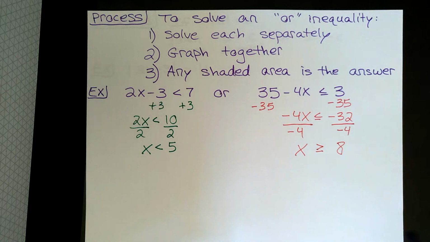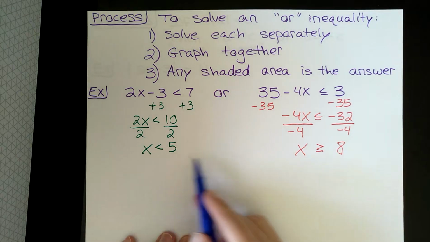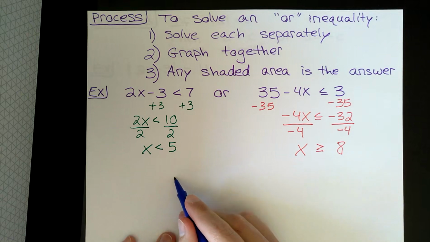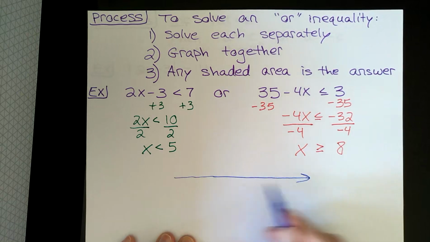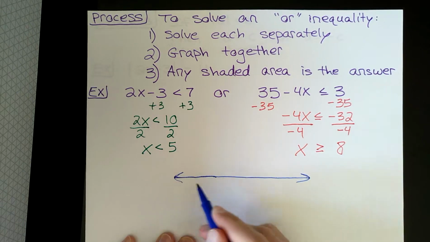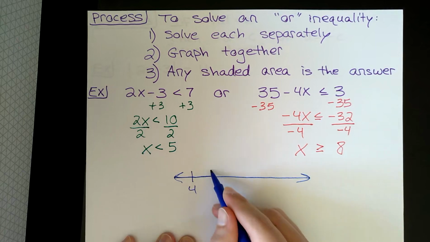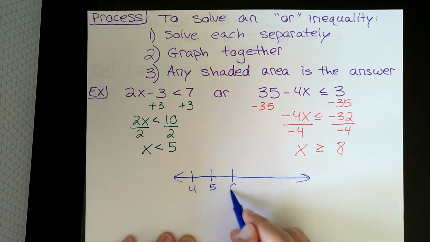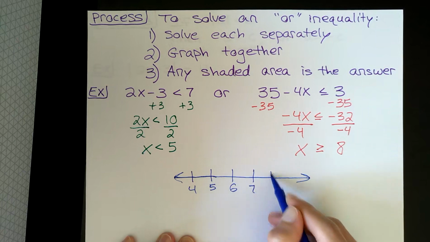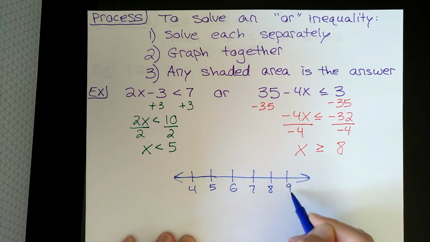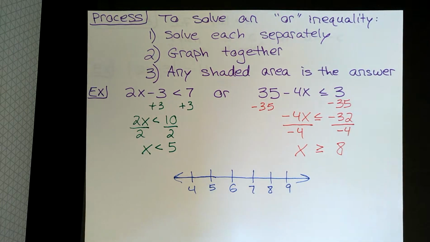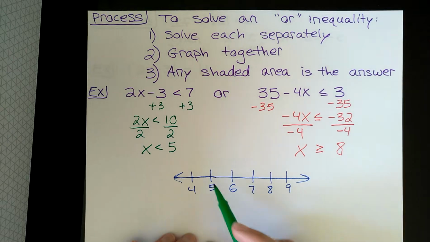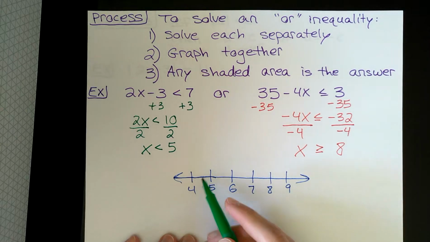So with that, we'll go ahead and graph these together. We need a number line that contains everything around 5 and 8. So we'll put 4, 5, 6, 7, 8, 9. First, we have x is less than 5.